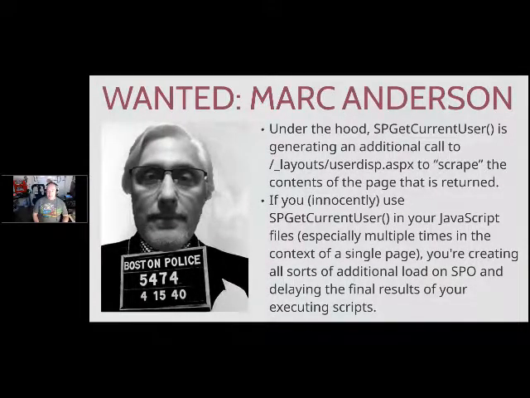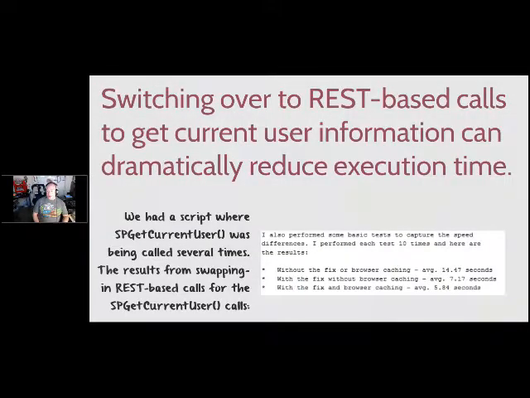So as you might imagine, by removing that call, or at least limiting its use, we drove a very horribly performing page down into something much more reasonable. And as you can see here, just by switching over to a REST-based call against current endpoints and dropping that SPServices call, we saved a dramatic amount of time.